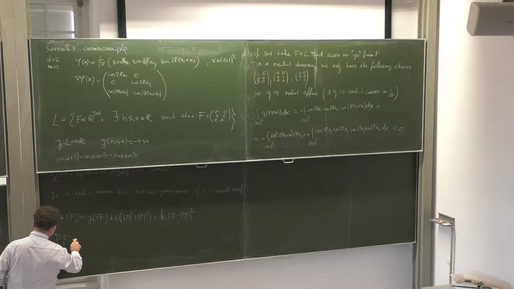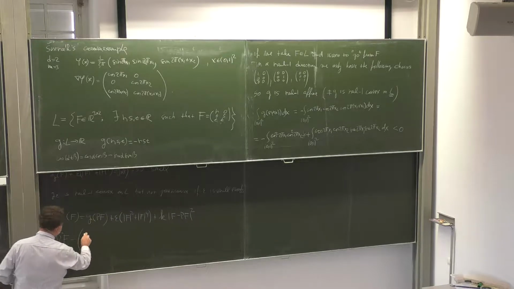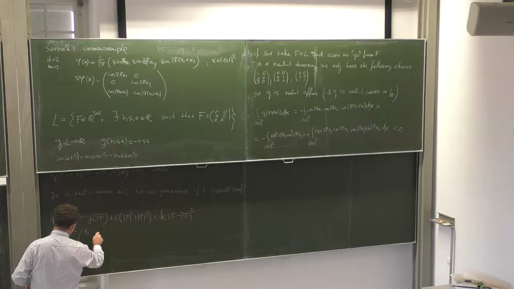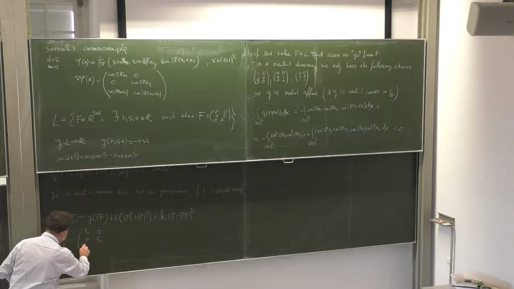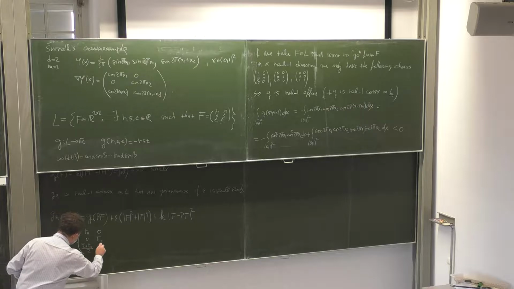PF is, you take F11, 0, 0, F22, and then you take the average of the components. So you take F31 plus F32 divided by 2, and then you put here the same.